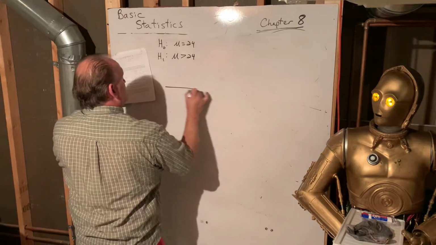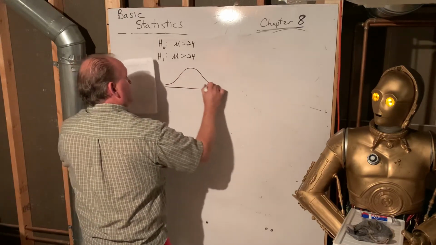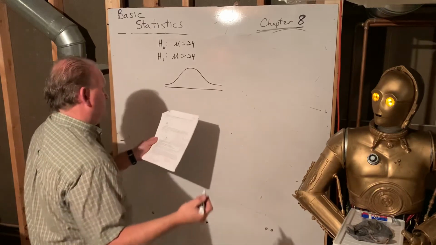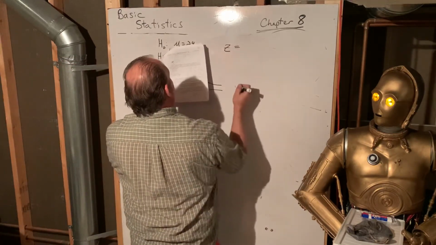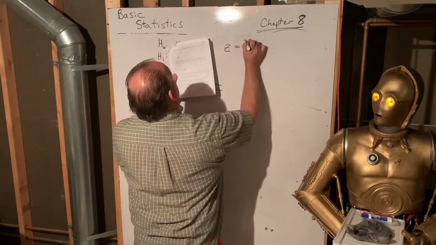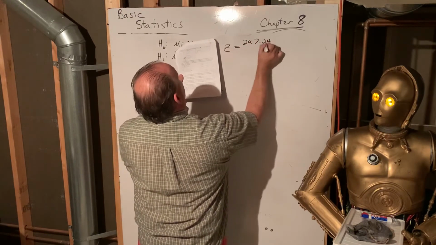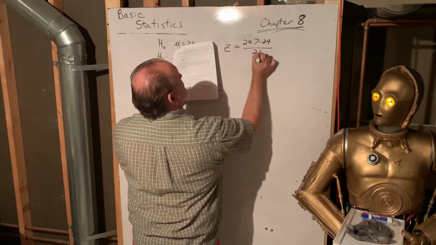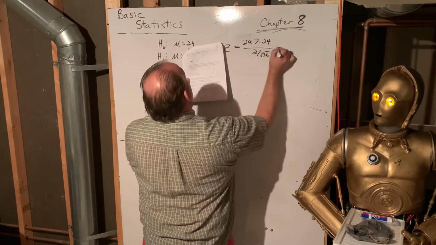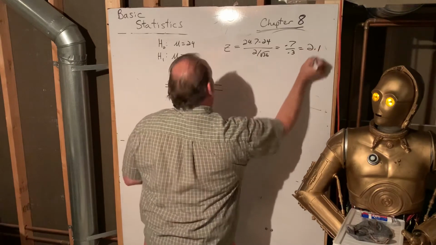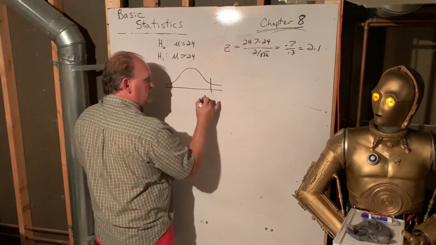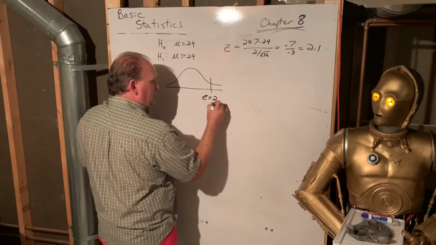And so here's what our picture would look like. We're looking at a z-score. Let's find our test statistic. It's 24.7 minus 24 divided by 2 divided by the square root of 36, which is 0.7 over 0.3, which is 2.1. So 2.1 standard deviations above the mean.